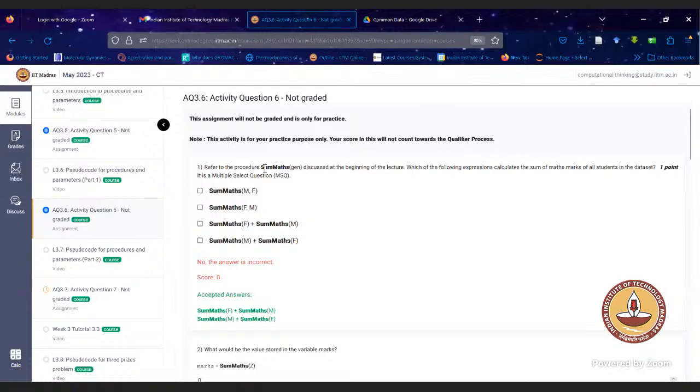But the point is that given this information, which of the following is true is what is being asked in this particular question. So they are just asking which function, which procedure call is actually correct out of these 4. Which is why the second and third options are right. Understood? Yes, sir.